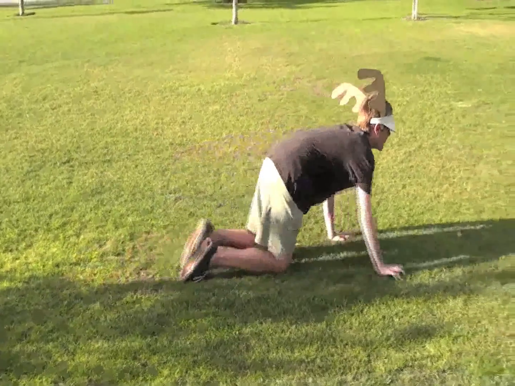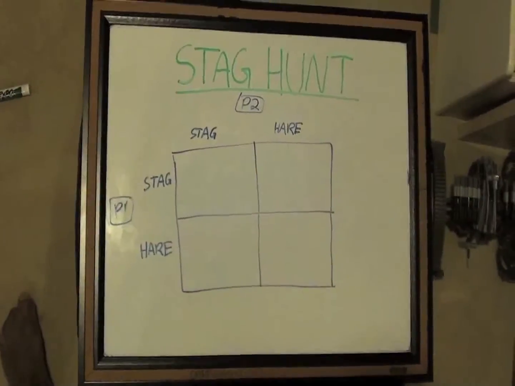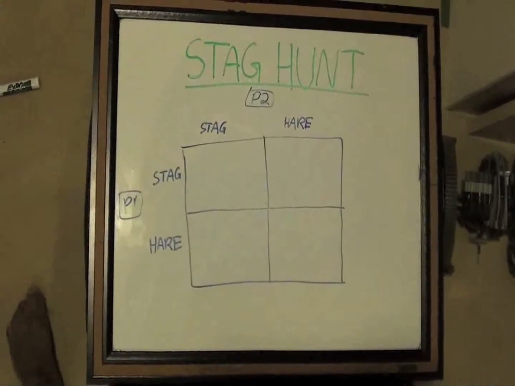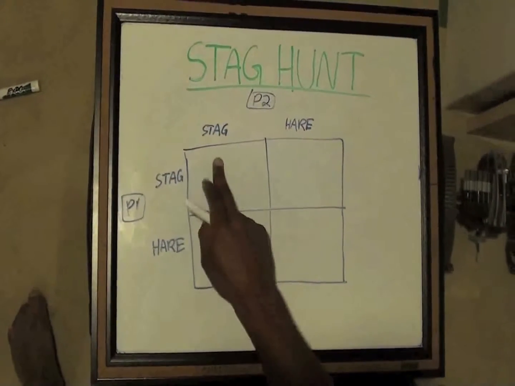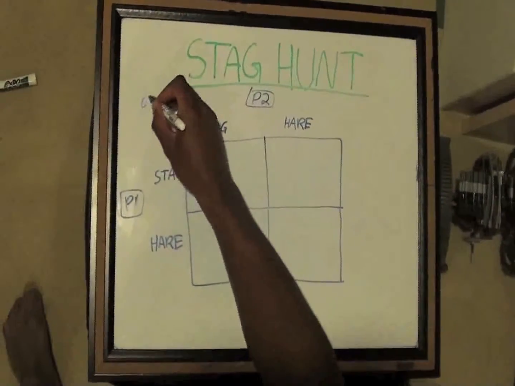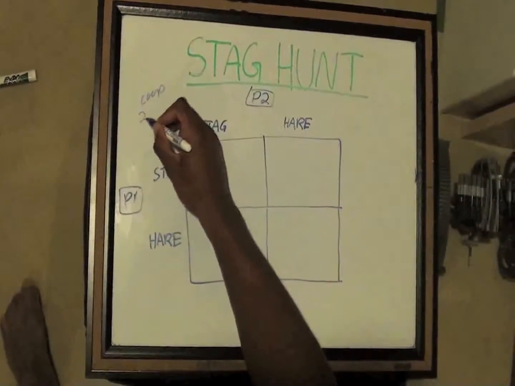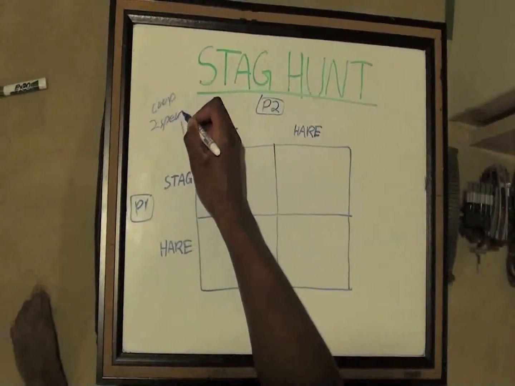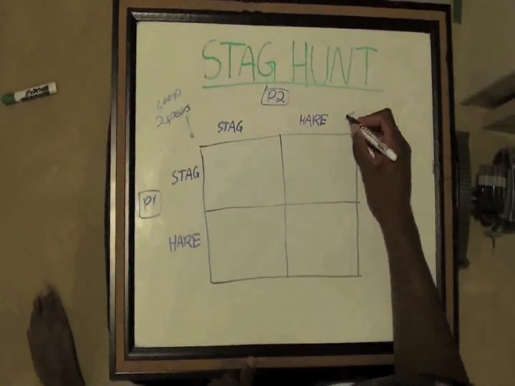The tribesmen will hunt based on the Stag Hunt game. In the Stag Hunt game, one can choose to either hunt the stag or the hare. Hunting the stag requires complete cooperation, since it takes 2 spears to kill the stag. It only takes 1 spear to kill the hare.